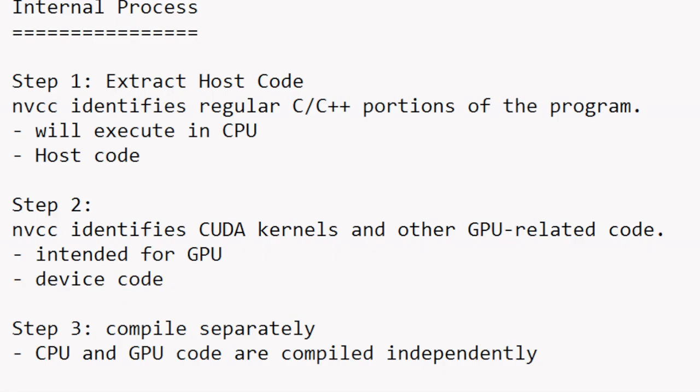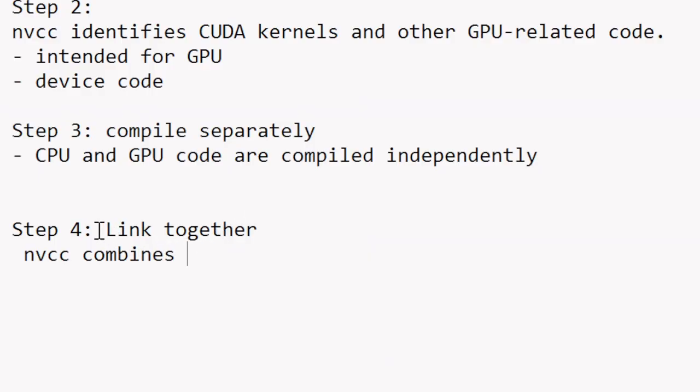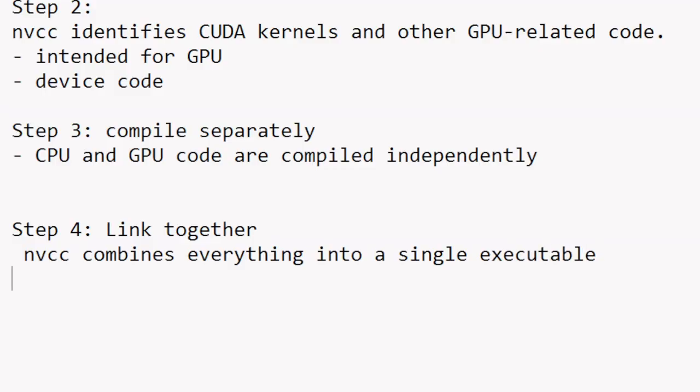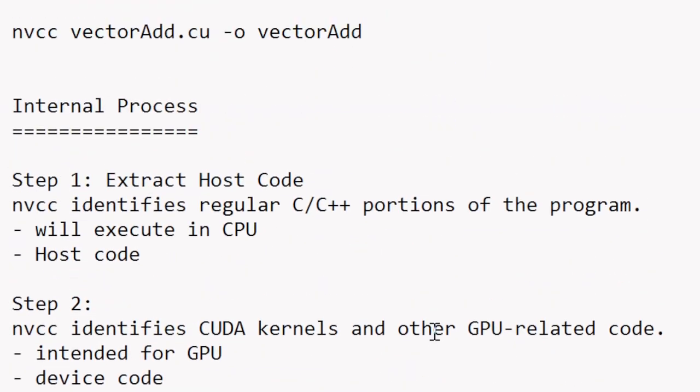Then finally, once it is compiled, in step 4, NVCC combines everything into a single file. So it contains CPU executable code as well as GPU executable code, all packed together. This is the compilation process.